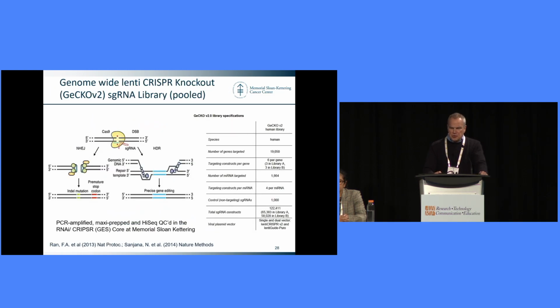So we did a genome-wide lenti screen. The genomic knockout library, otherwise known as GECKO, CRISPR knockout library, was the penultimate library at the time. And we were using the pathway on the far left, which is non-homologous end joining, to induce indels, either deletions or indels involving additions that would throw the gene sequence out and create a knockout.